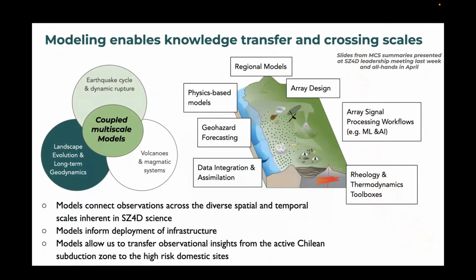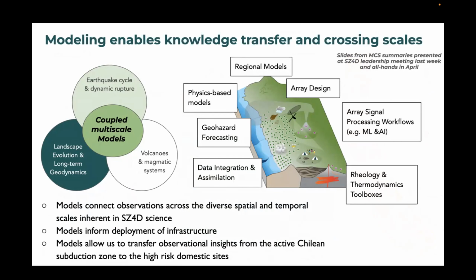This is a slide from the MCS, and unlike in the second last talk, MCS here stands for the Modeling Collaborative of Subduction. So this is one of the integrative working groups in SZ4D. We are an integrative working group because modeling enables knowledge transfer and crossing scales. And there's a couple of maps here.